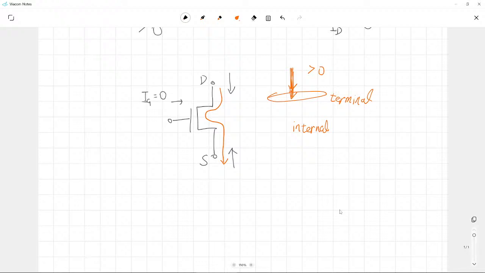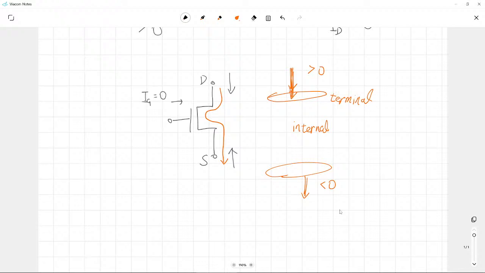And if we have something like this, which is just escaping from our internal structure to the external world, then that current is regarded as a negative value. So if we adopt this convention, then please think about what will happen to drain current and source current. Yes, certainly here from the viewpoint of drain, we have incoming current.